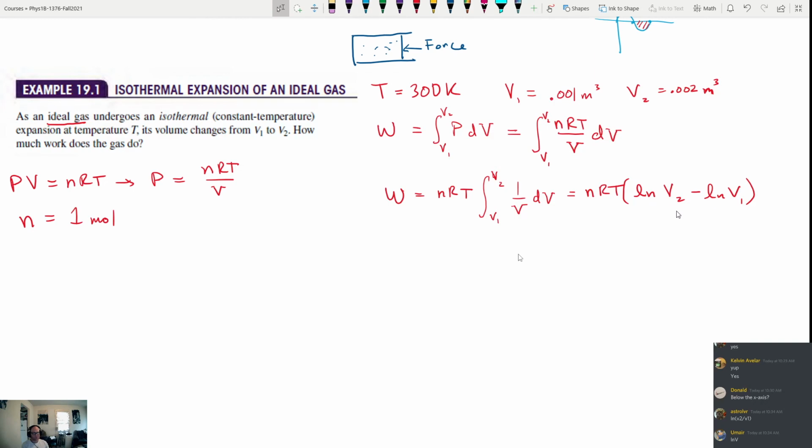The difference of logs is a ratio, so we get that the work done is equal to nRT times the natural log of V2 over V1. Then we'll have to check to see if the units make sense, but when we plug numbers in, they will. In general, this is a pretty general result for any isothermal process, right?